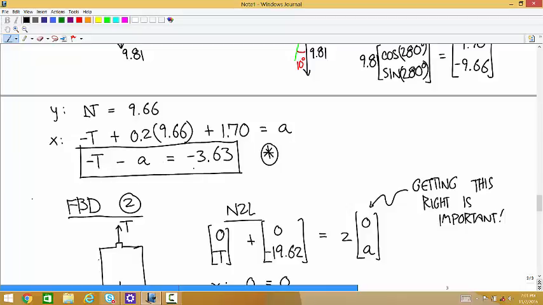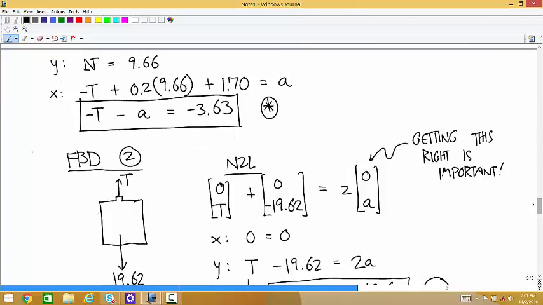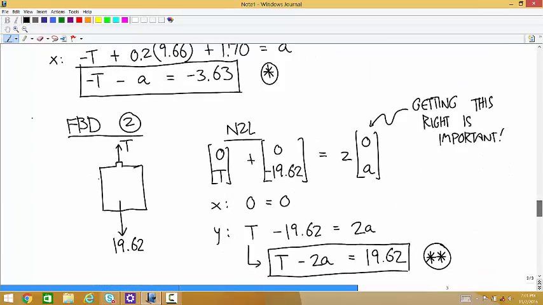Then I subtracted the constants to get it over on the other side. And then I added, you can do this by substitution, but I added these two equations together. That canceled the t's. It left us with negative 3a is equal to positive 15.99.